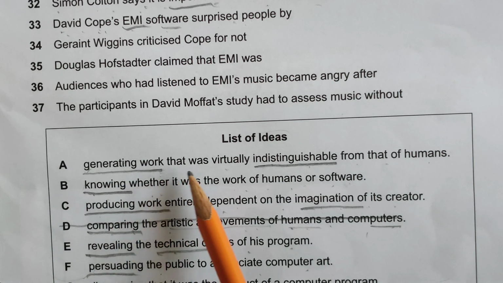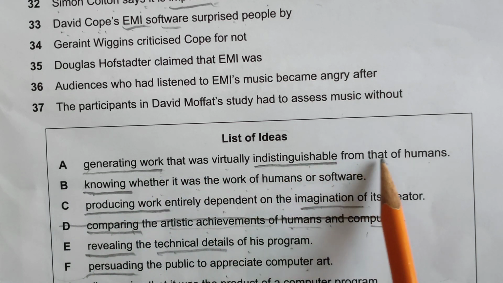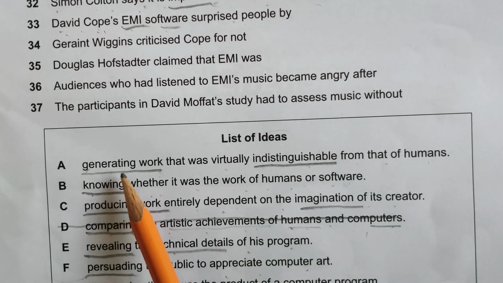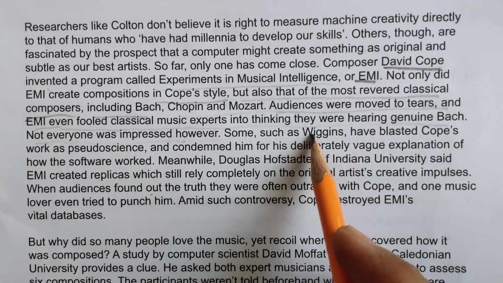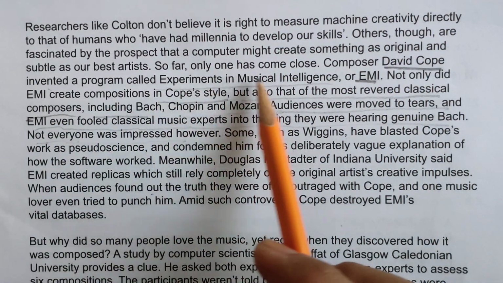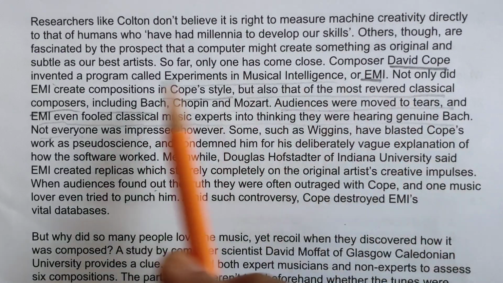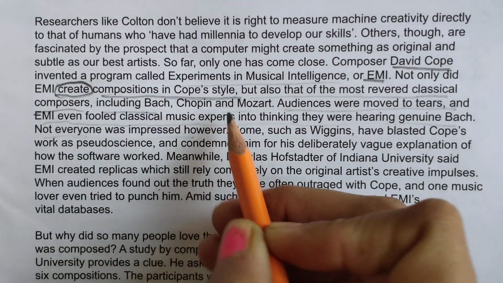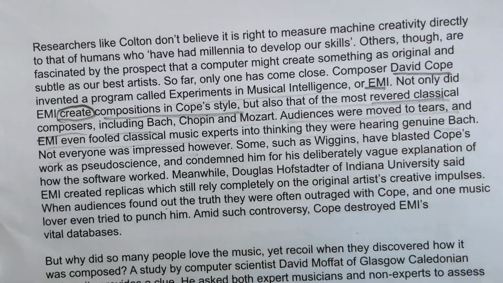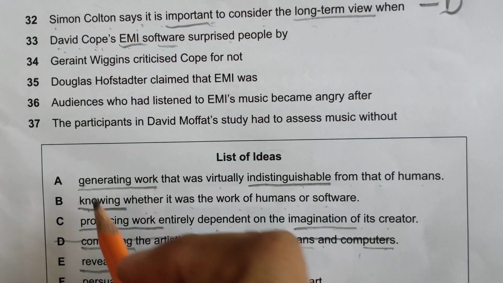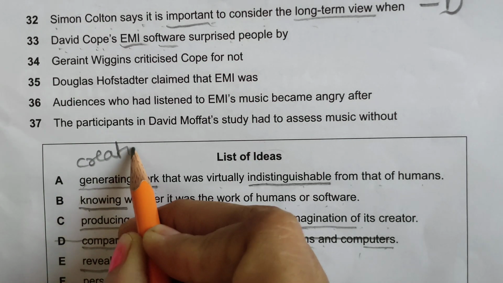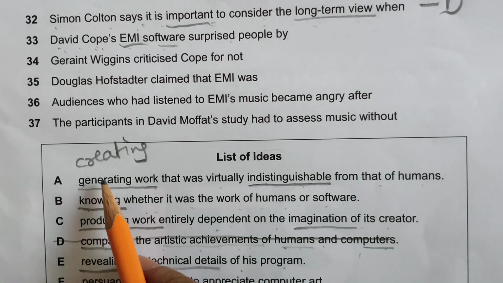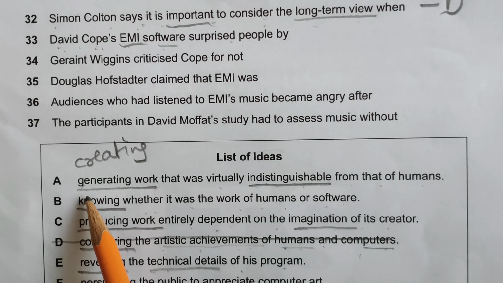Generating work that was virtually indistinguishable from that of humans. Okay, I think generating work. What generating work was given? Invented a program. Okay, not only did EMI create compositions in Cope's style, but also revered classical composers. Okay, generating is creating. See, you have to learn simple words and their synonyms.